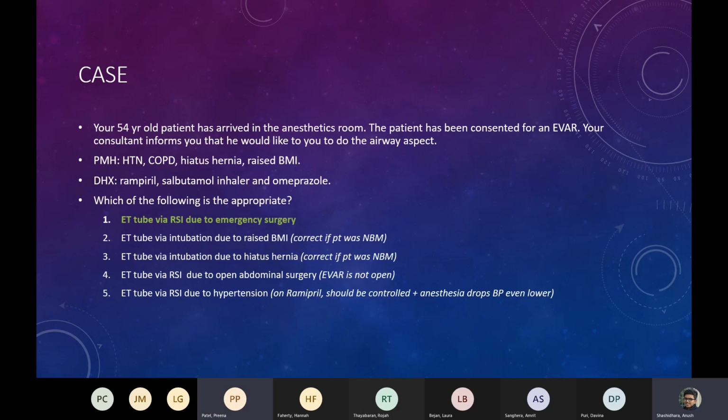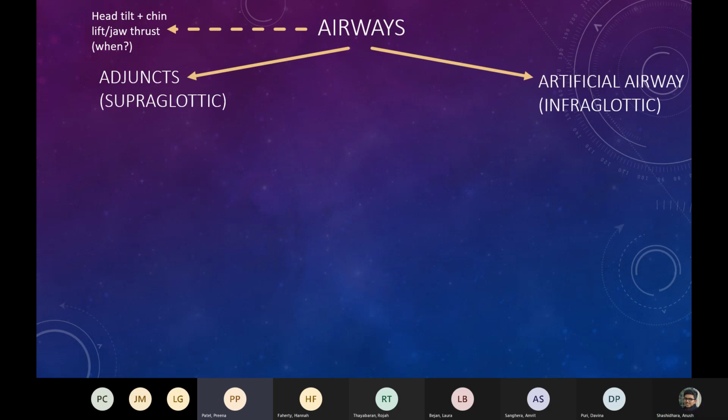Okay, so the answer in this case was he needs an endotracheal tube via rapid sequence induction because he's having emergency surgery. So I put the reasons why the others are wrong on here, but actually I'm going to talk about the airway stuff first and we'll come back to the answer for this. So what are the two main types of airways that you know for anaesthetic patients?